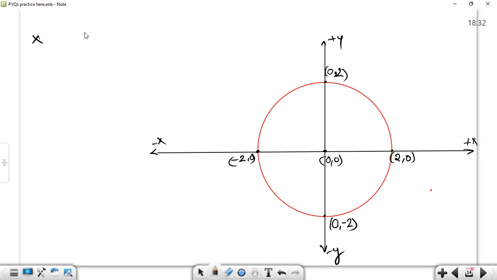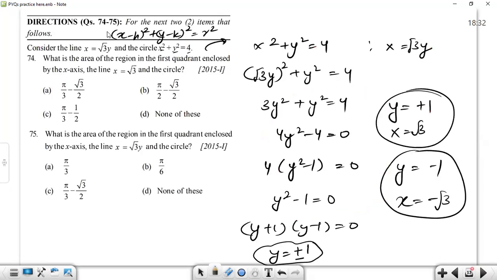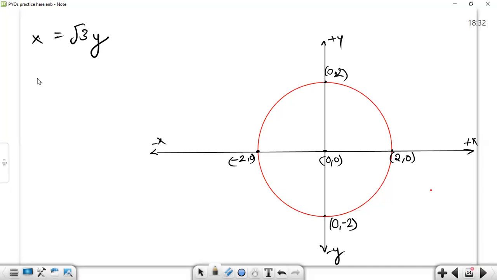Now we have a straight line which is x equals root 3 of y. Representing this equation like this, x by root 3, and the straight line's general equation is y equals mx plus c. So here the intercept is 0. Here c is the intercept on y.